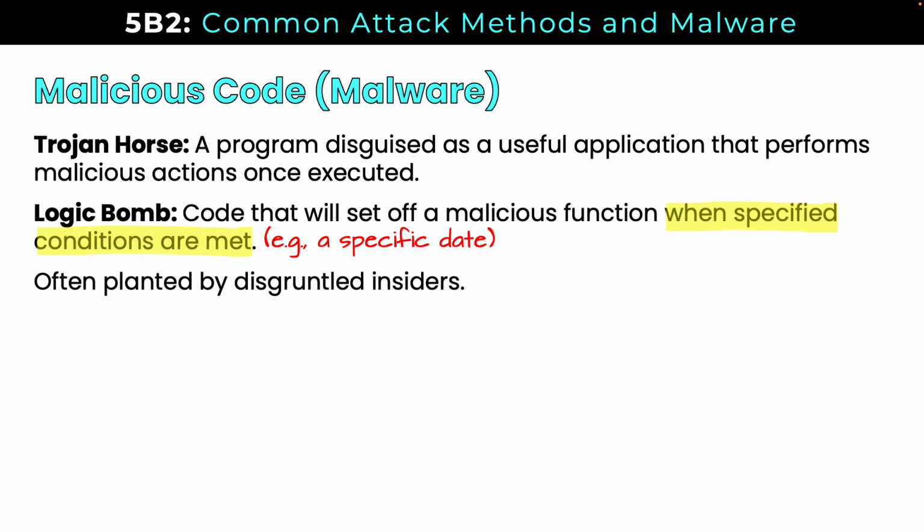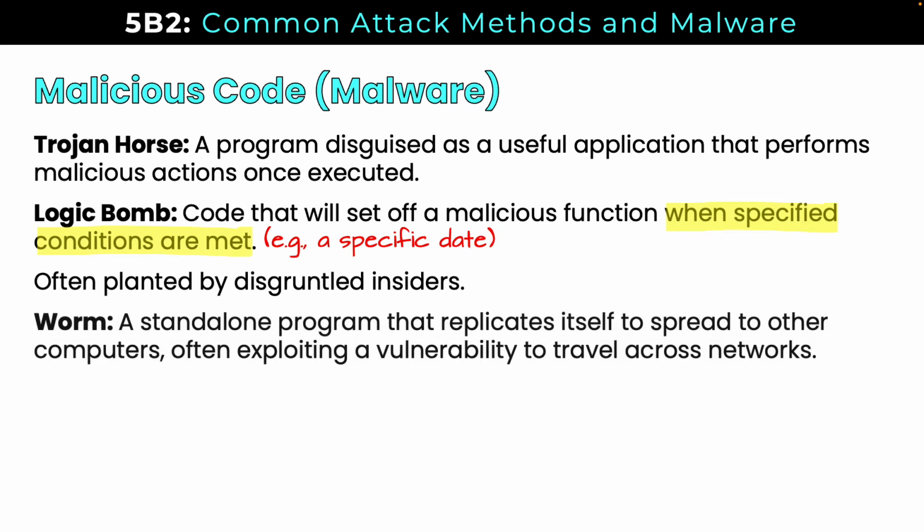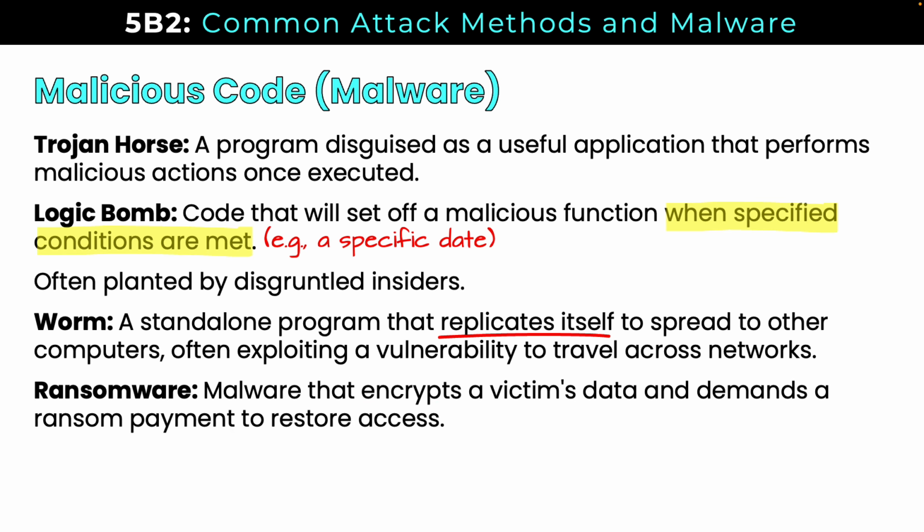Often you'll see these planted by disgruntled insiders to execute at a later date. A worm is a standalone program that replicates itself to spread to other computers, often exploiting a vulnerability to travel across networks. But that replication on its own is the defining characteristic. And then ransomware, which I'm sure you're all familiar with, malware that encrypts a victim's data and demands a ransom payment to restore access.